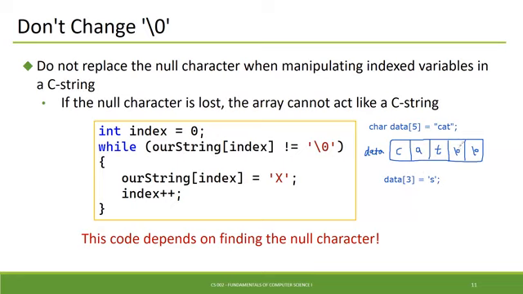So this will be gone and S will be here, right? So after this, if you print out cout data, CATS will be printed out because we still have a null character at the end, no problem.